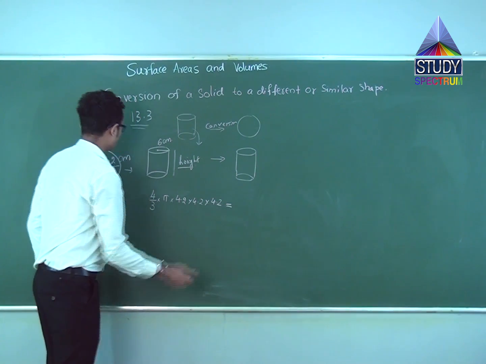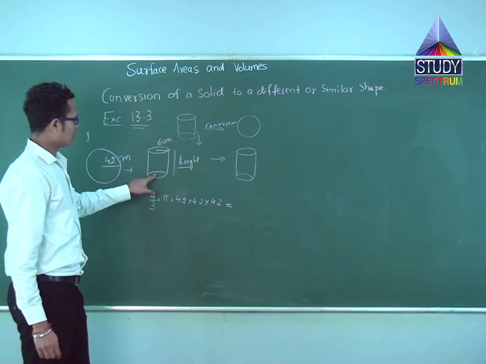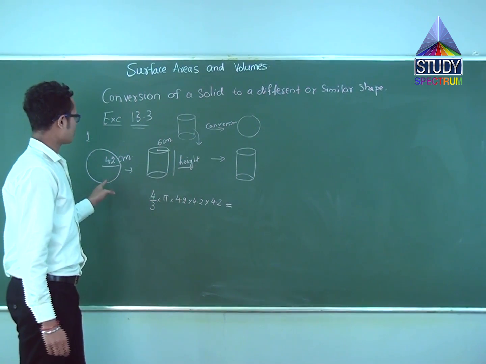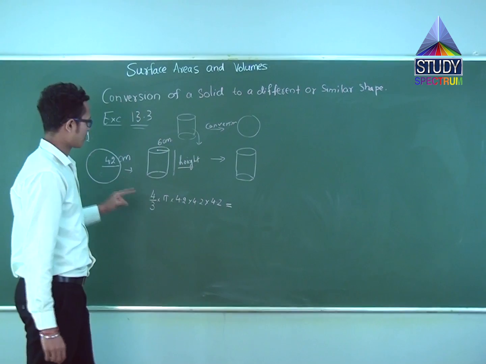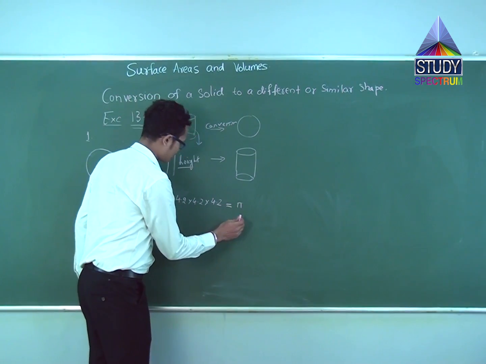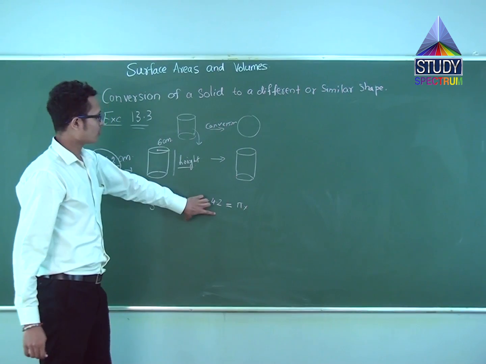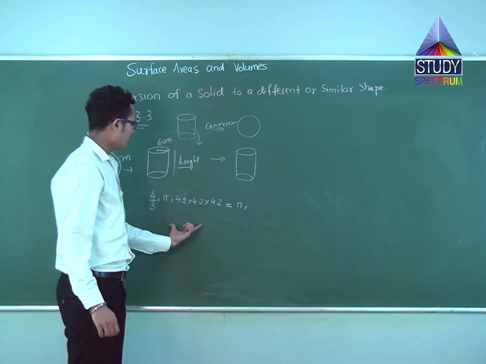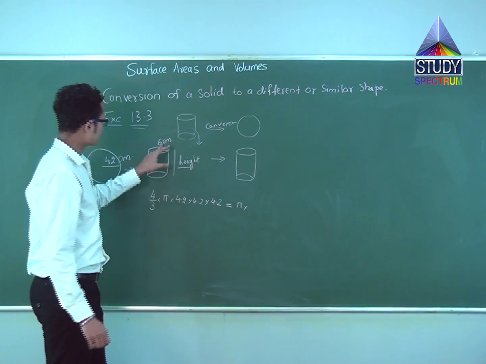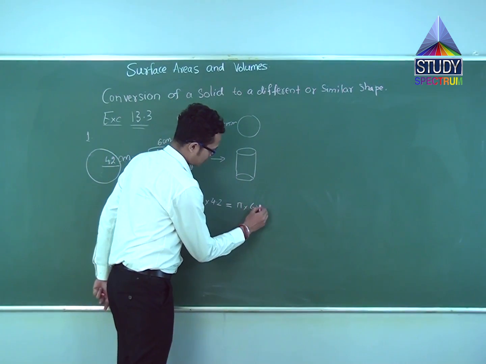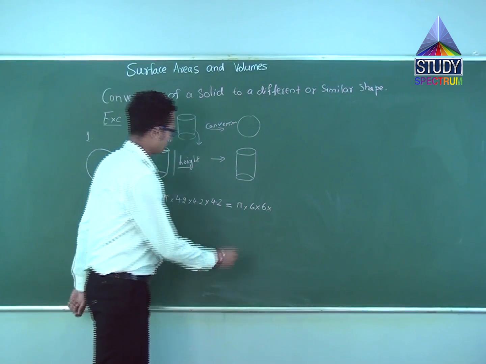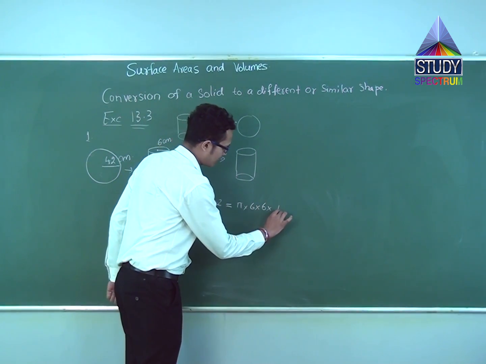This is equal to, after conversion, volume of this object will be the same as it was before conversion. This is equal to pi r square h. Pi into r square into h. R square is 6 into 6 into h, that is the unknown factor. Let's indicate height by h.